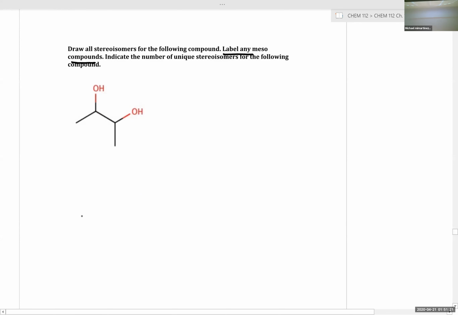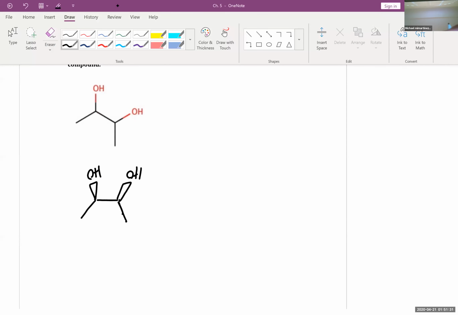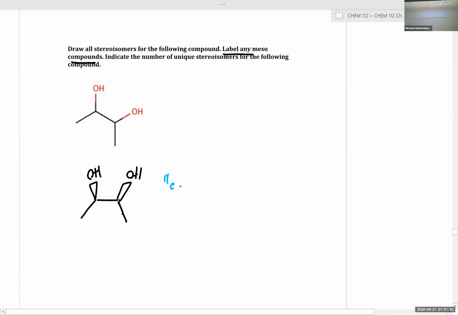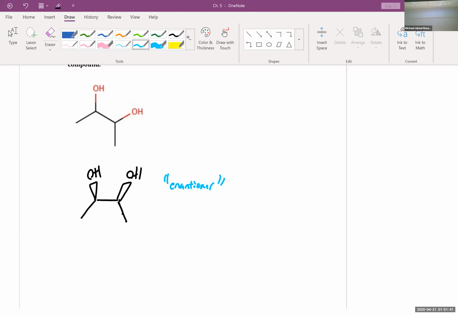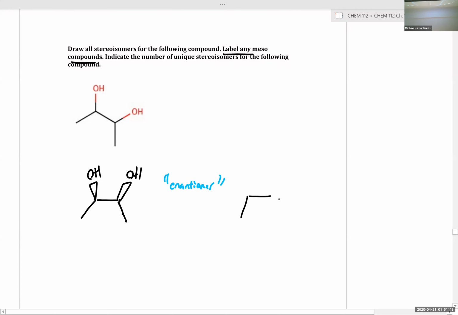So first things first, I'm going to start off with the up-up. Then if I wanted to draw a quote unquote enantiomer, I would just invert the configuration at every chiral center.